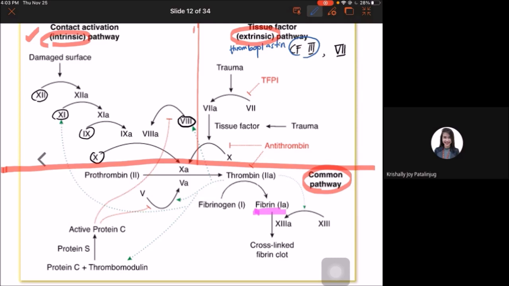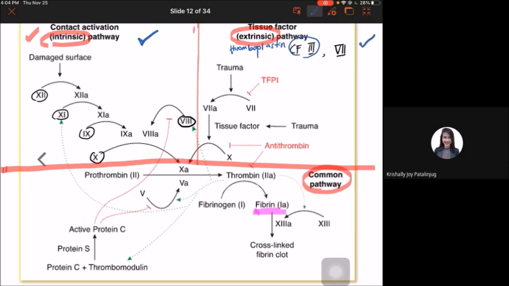Later, ma-mention natin siya along the discussion. So, ang point ko lang dito is, sa slide na to, per pathway, okay, may mga designated clotting factor. So be familiar with the clotting factors involved sa intrinsic and then extrinsic.